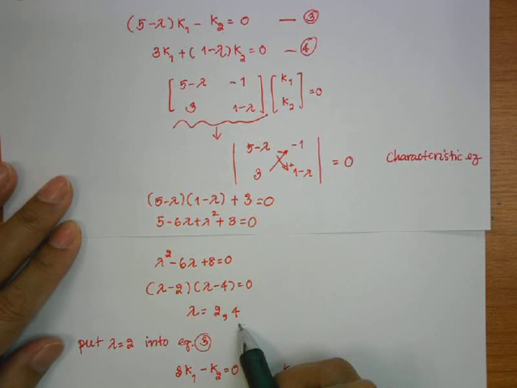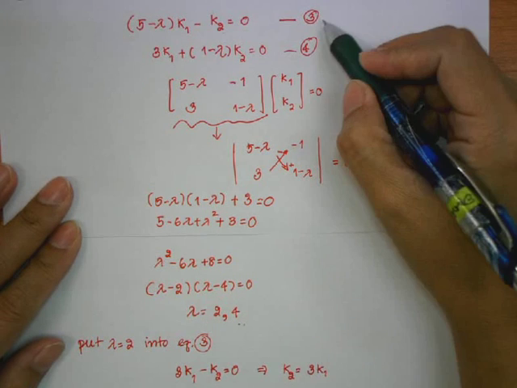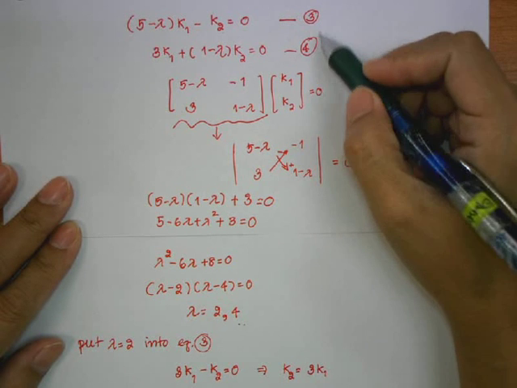Okay. After you get lambda, the next thing you have to do is find the values of k1 and k2. To find the values of k1 and k2, you're going to use equation 3 or 4.